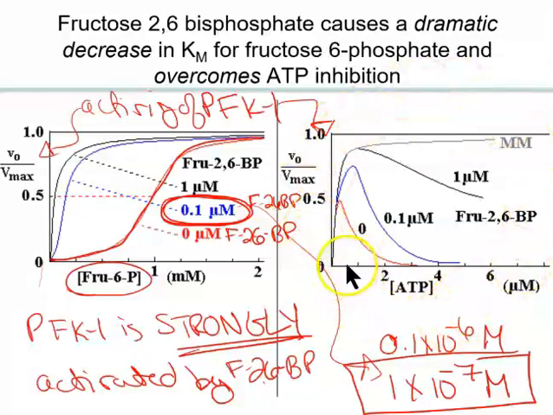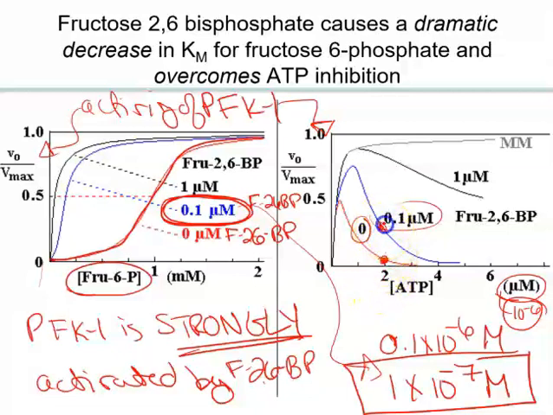So if there is no fructose 2,6-bisphosphate present, even a small amount of ATP is able to shut down the activity of our PFK1. Note that this is in micromolar, so 10 to the minus 6th. If we add a tiny amount of fructose 2,6-bisphosphate, so 0.1 micromolar, we're able to relieve some of that inhibition of PFK1 activity by that same amount of ATP.